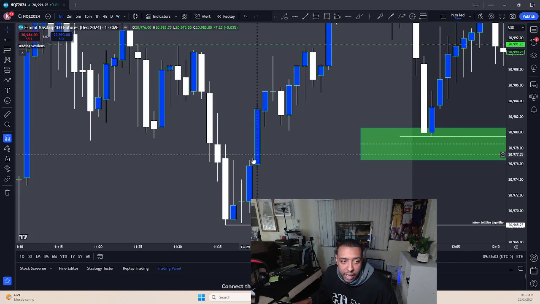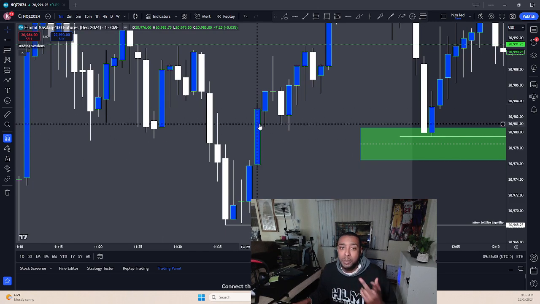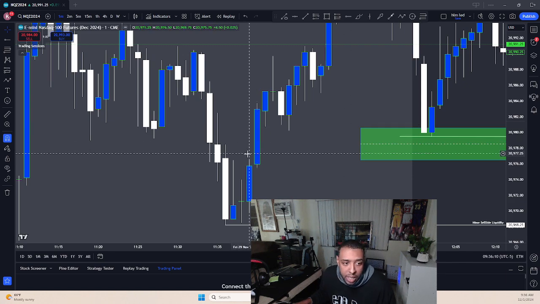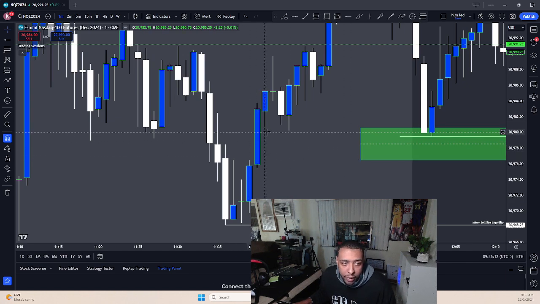See how it left a gap? This is the middle candle, the second one is the displacement candle. You see how the first wick and the third wick do not touch and it leaves a gap.